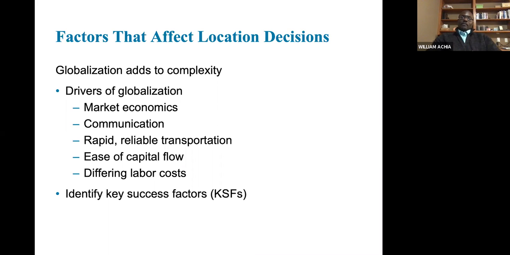And part of the reason that this is important is we have a competitive system where your competitors potentially would site their locations in different countries wherever they feel that they would have a cost or a competitive advantage over other competitors. And the actions of your competitors directly or indirectly impact your actions as a business.